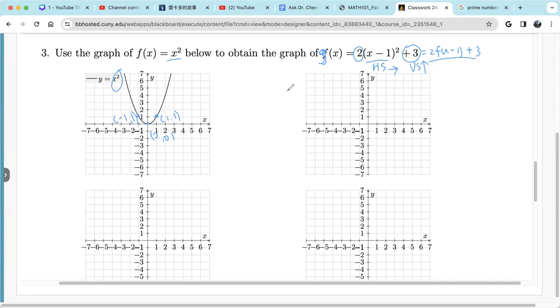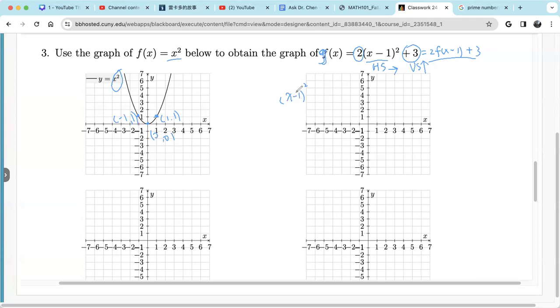Now let's graph x minus 1 squared. So here it's just x squared. Now x minus 1, you can use the table of values as well, right? But I want to use transformation.